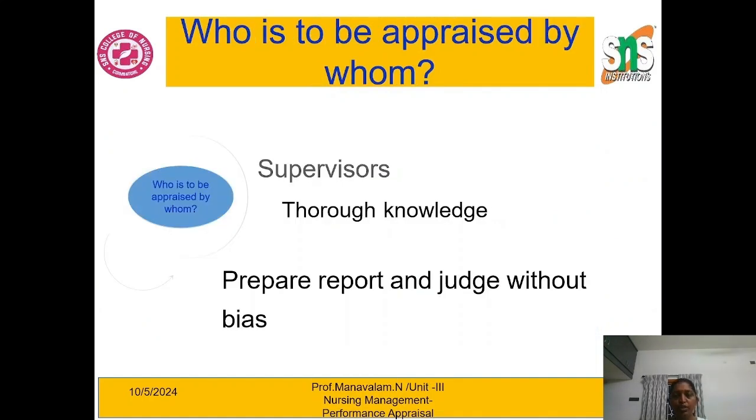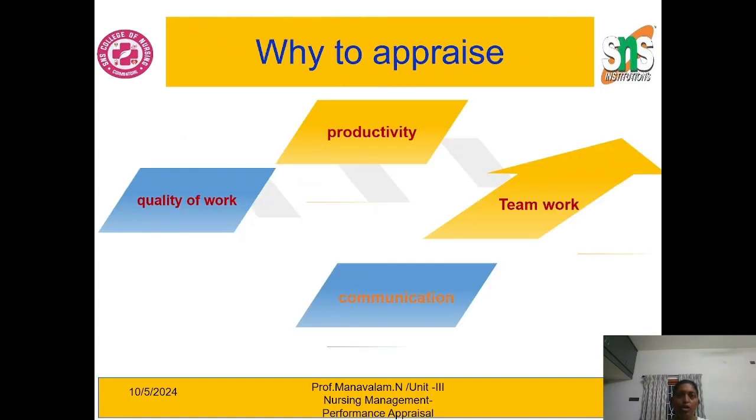Next, who is to appraise? The supervisor has to do the appraisal program. They must have thorough knowledge about what method they are going to apply, and they must know the subordinates very well. At the end, they have to prepare the report and judge without any bias. And why to appraise?